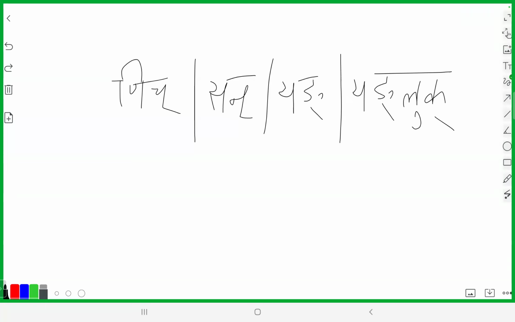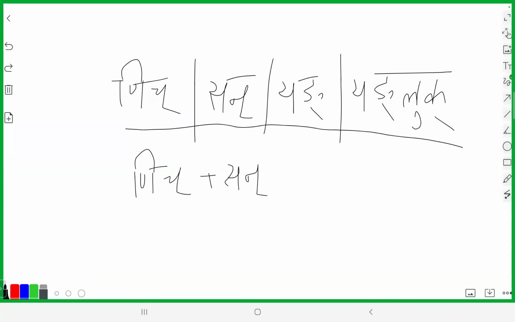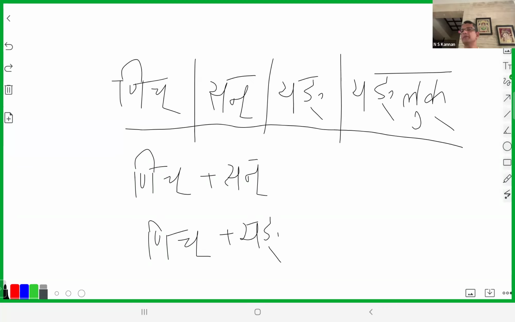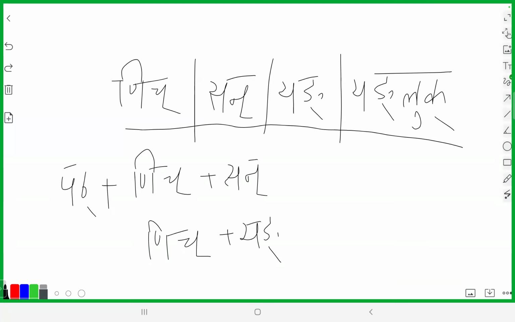Okay, but what I wanted to impress on you, one last point before you go a little further, is you can also have Nich plus Sun, Nich plus Yan. No, you can have any combination. Nobody says that you can only use one pratyaya for a dhatu. You can take a dhatu and add Nich plus Sun also.